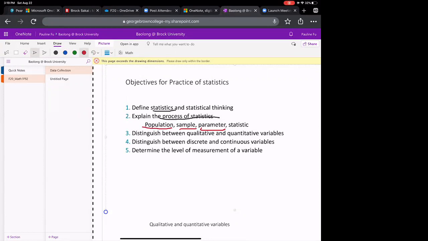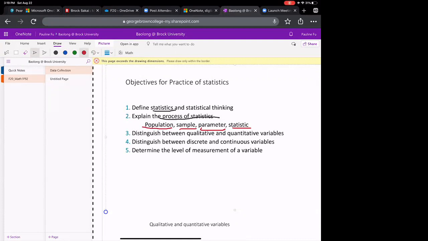If I say the average mark in the mathematics department is 62, that is a statistic, because students in the mathematics department are my sample, okay? So that is some terminology.